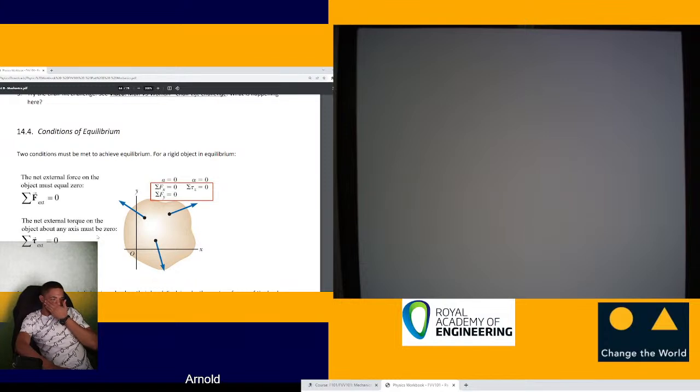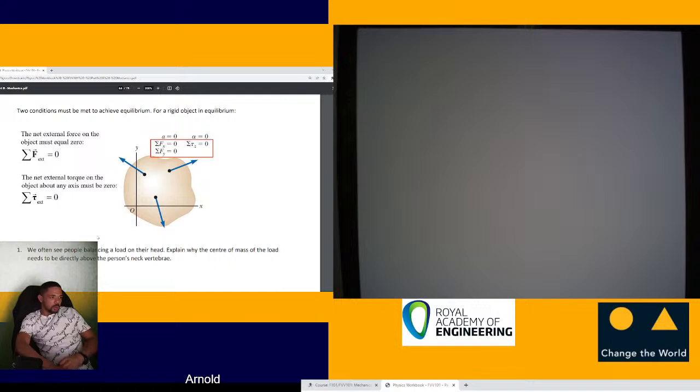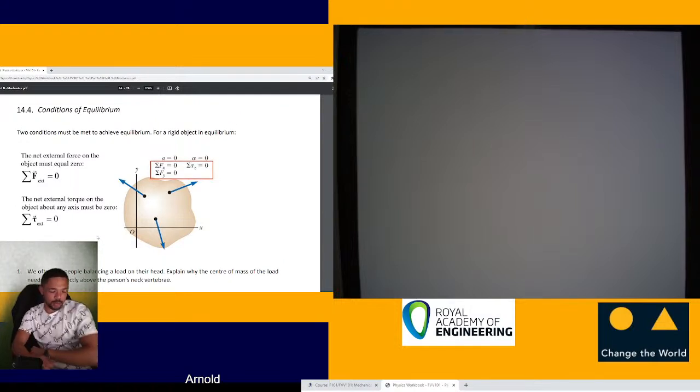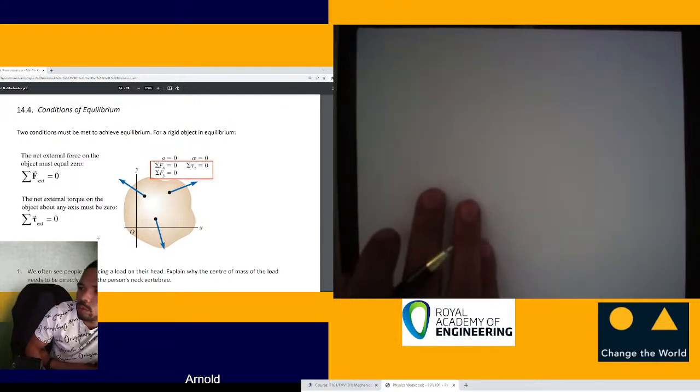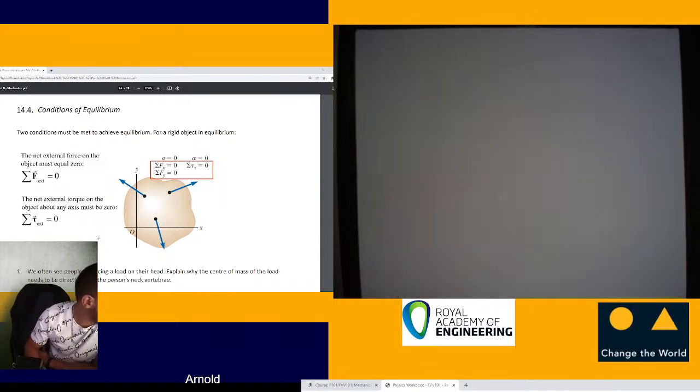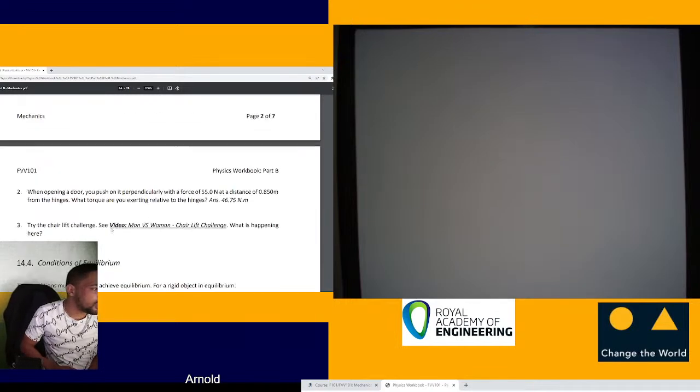14.4, the conditions for equilibrium. What are the conditions for equilibrium? We've already established what equilibrium is. Let's just go back and remind ourselves.